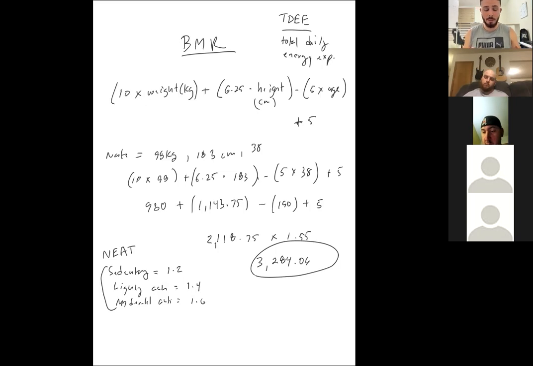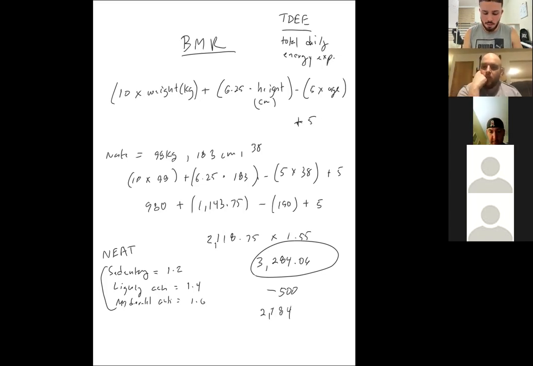Depending on how high in fat percent you are, this might be accurate or not. What I would do is shoot for 2,500 calories because you're gonna be in a deficit. If you're looking for a deficit, you just go minus 500, and that's the calories you're gonna eat.